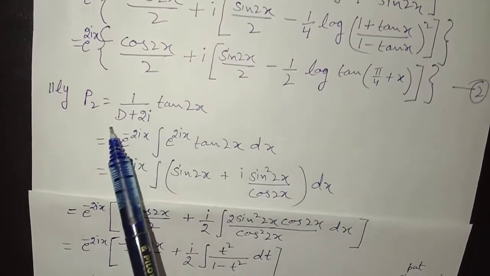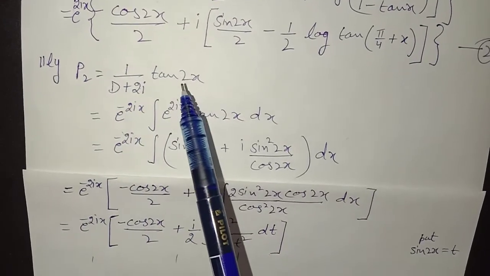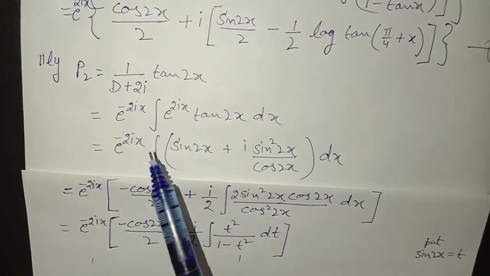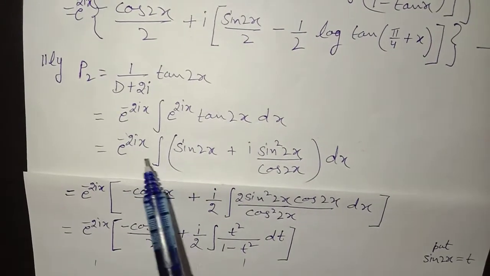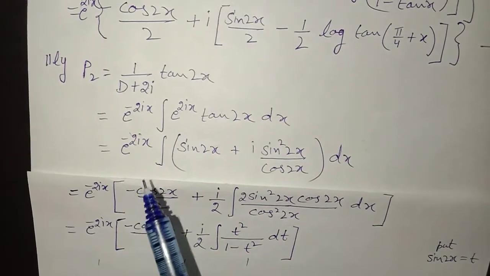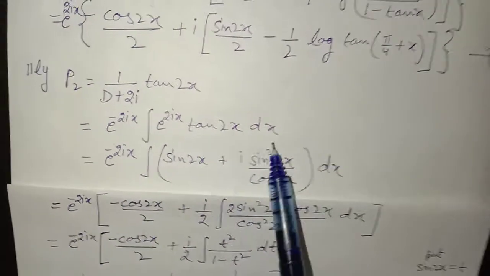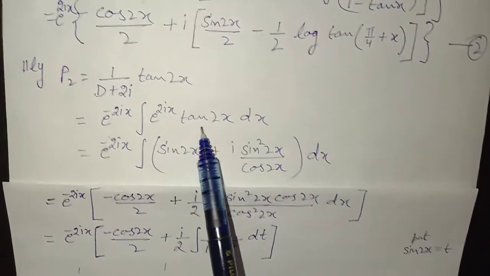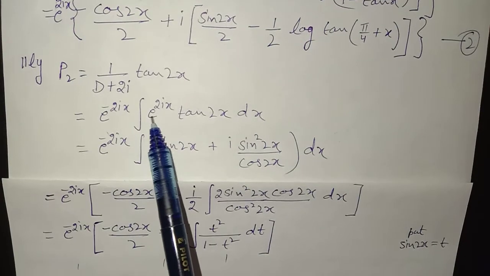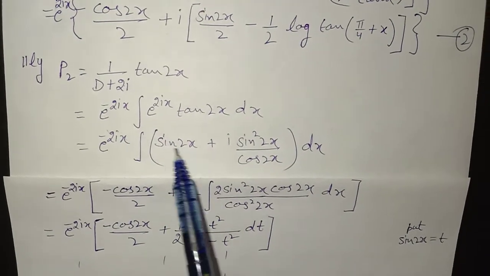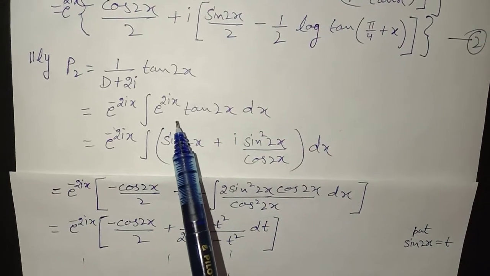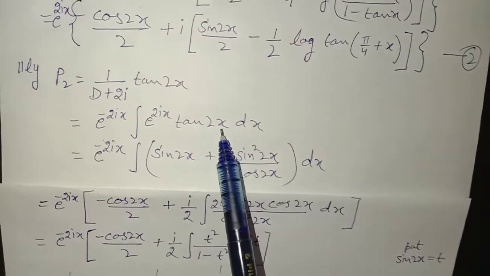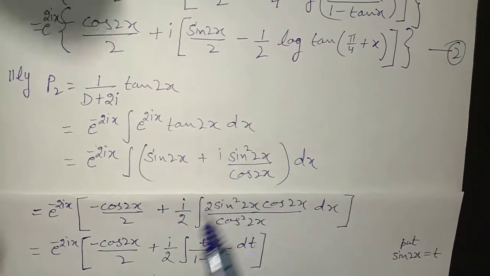P2 is 1 over D plus 2 iota, tan 2x. So now proceeding in the same manner as what we have done to find P1, e raised to the power 2 iota x is again the same, cos 2x plus iota sine 2x, multiplied by tan 2x, you will get this term.